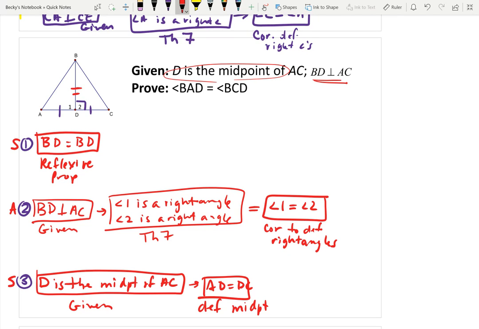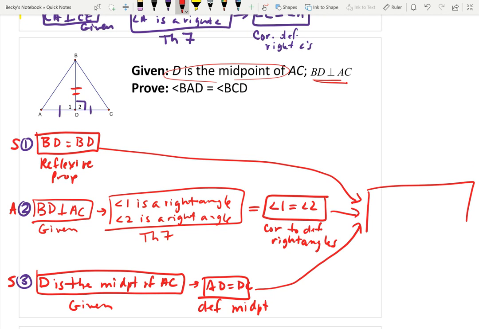But we're not finished with the proof. Now, I'm kind of running out of room. We'll make it work. We're going to bring all 3 steps together and write a congruency statement. Remember, the first triangle could be in any order that you like. And I'm going to say, since it's my choice, ADB. Again, this needs to be a congruent symbol. It's the only time in the entire book we will use a congruent symbol.